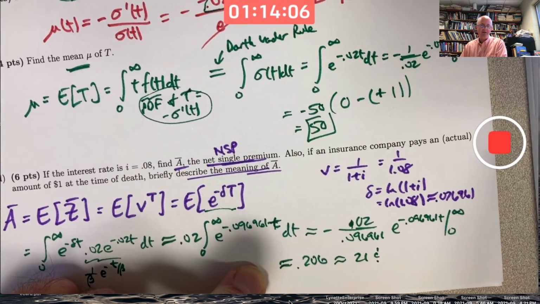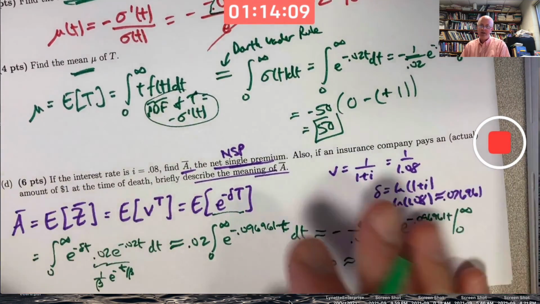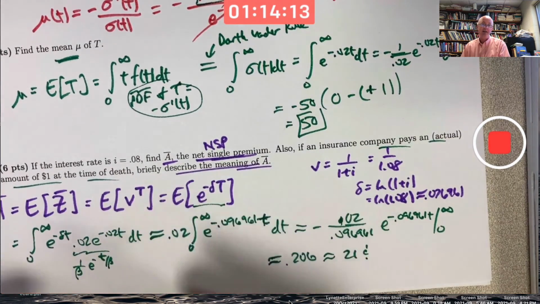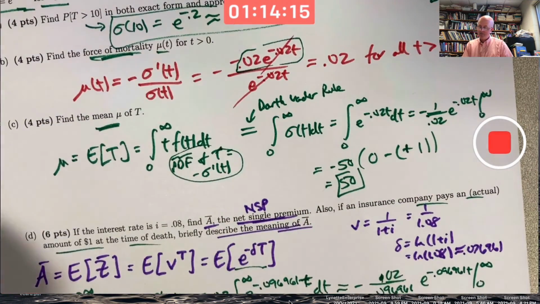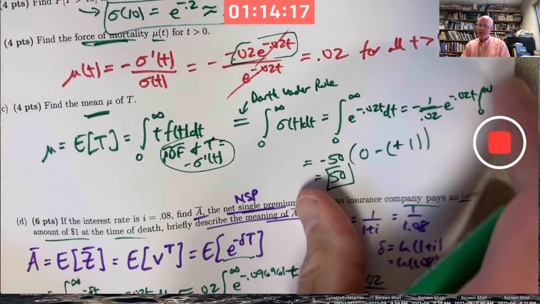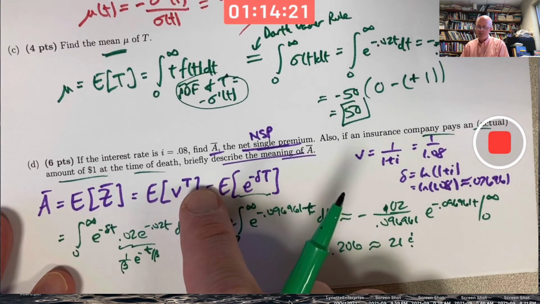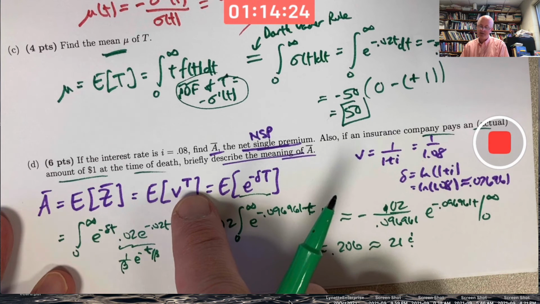Because what is this all about? I didn't really describe this before. If an insurance company pays an actual amount of $1 at the time of death, a benefit, what is this representing? If you know about the time value of money, v to the t represents the present value of a $1 benefit paid t years in the future. It's less than 1.